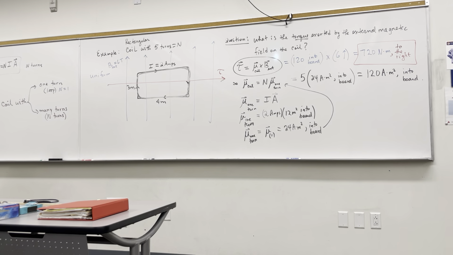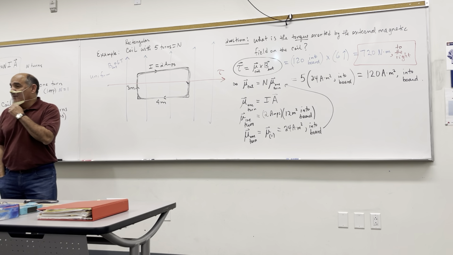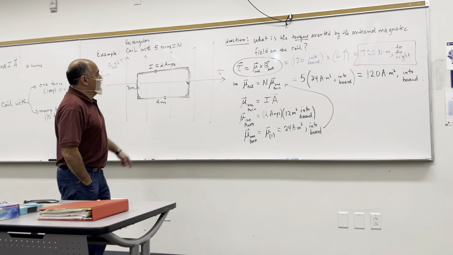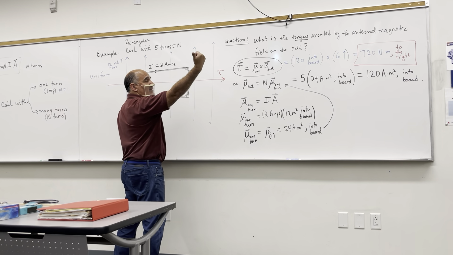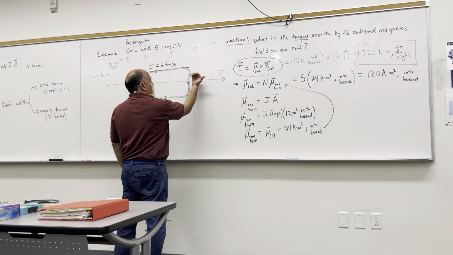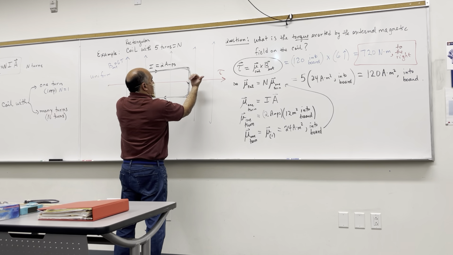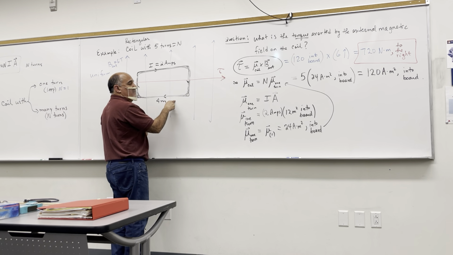What does it mean that the torque is to the right? How does that help us understand how this loop is going to rotate, is going to spin if it's allowed, if left alone? What will happen to it? Well, if the torque vector points to the right, just put your thumb of your right hand in the direction of the torque vector, and this loop is going to spin this way, with the top coming out of the board and the bottom segment coming into the board.